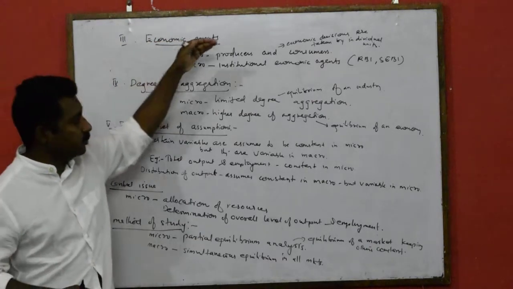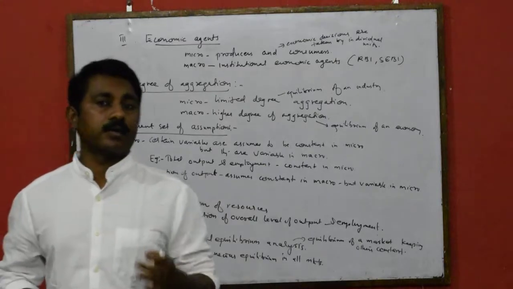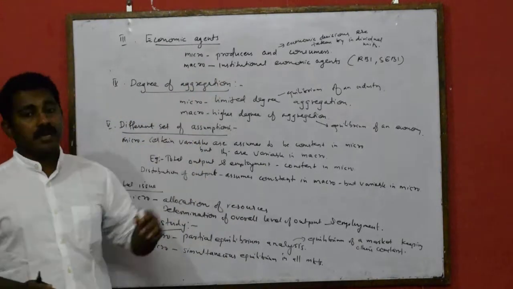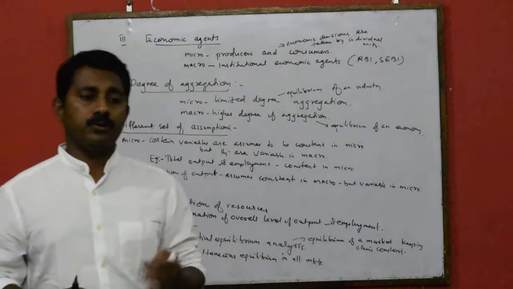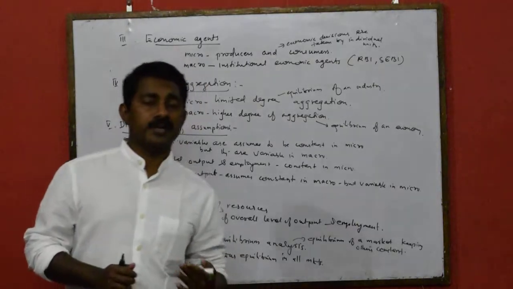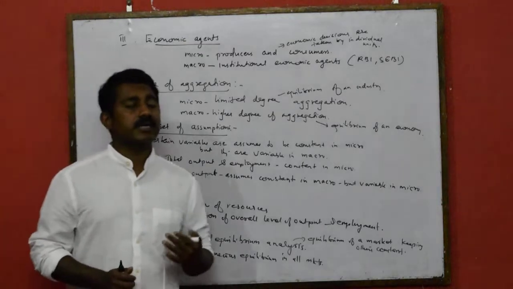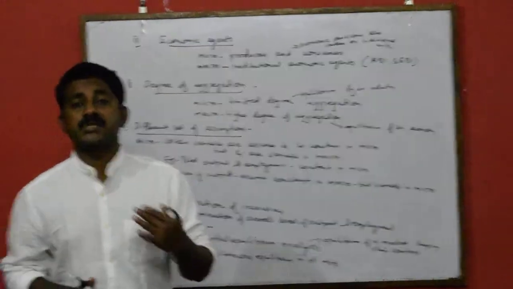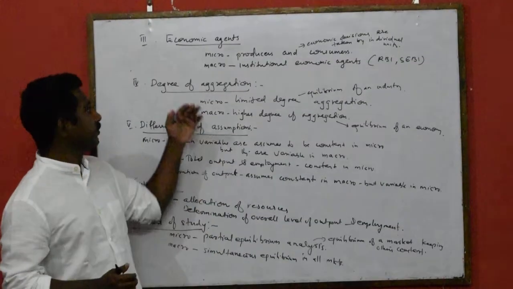In microeconomics, producers and consumers are the economic agents, whereas in macroeconomics, institutional economic units like Reserve Bank of India, Securities and Exchange Board of India, such institutions take important decisions regarding the whole economy.